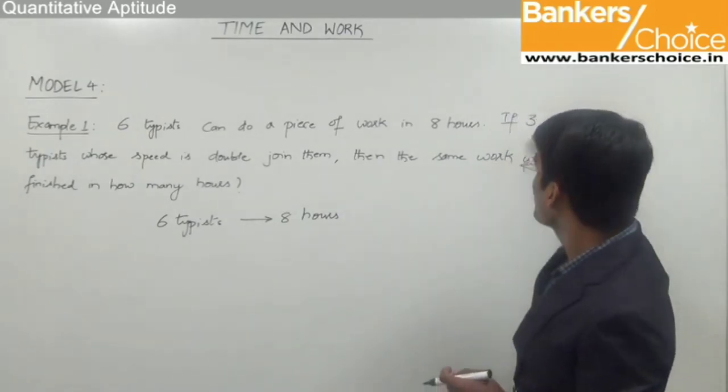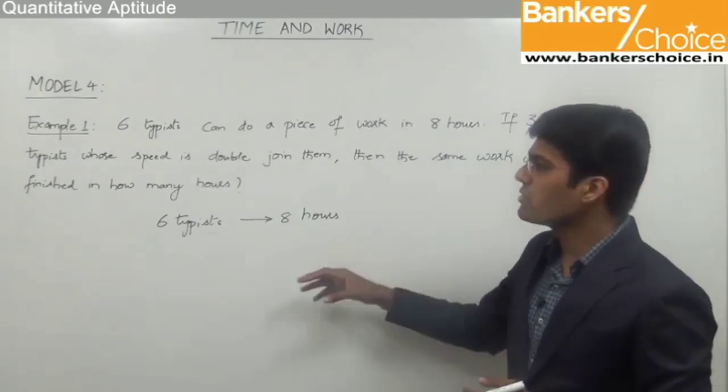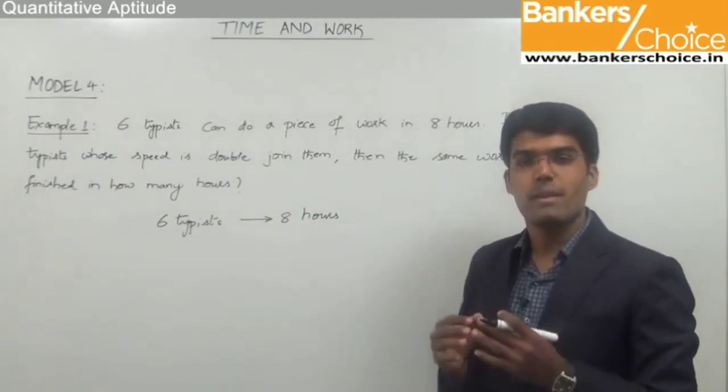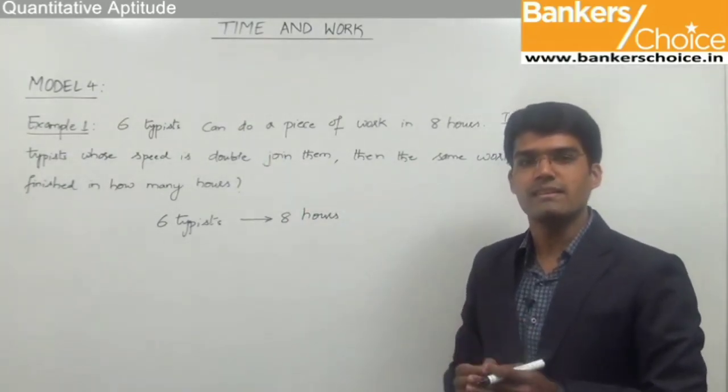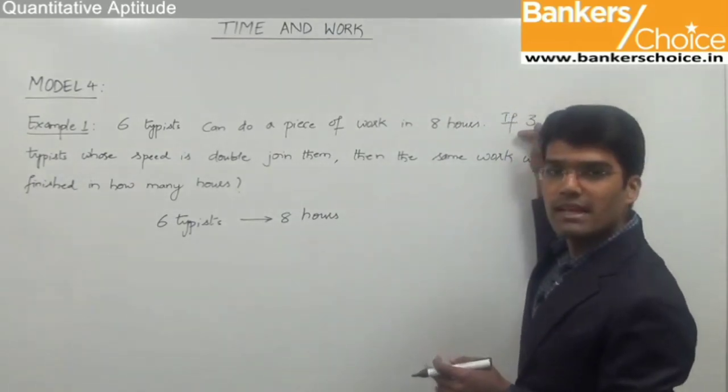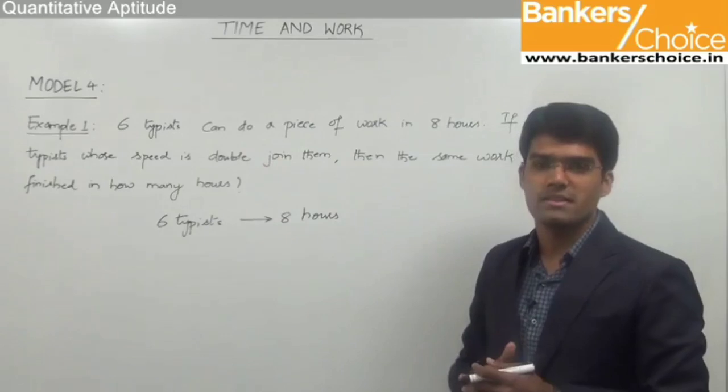That means the capacity of these 3 typists who are going to join is double the capacity of the earlier typist. So if the capacity is double, we can clearly understand that 1 typist of this second type can be taken as 2 typists of the first type.